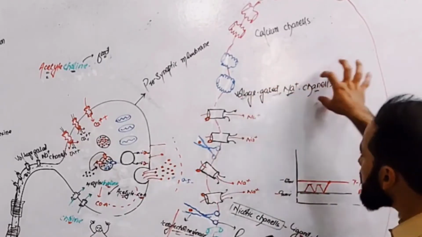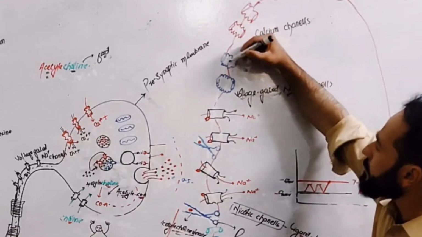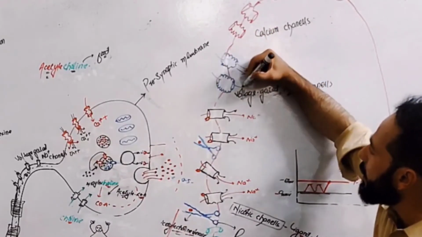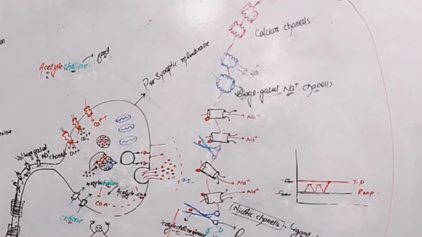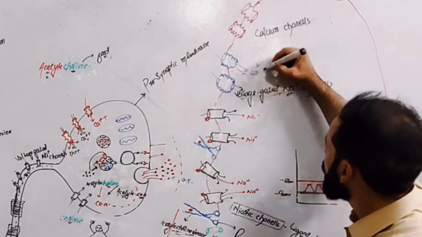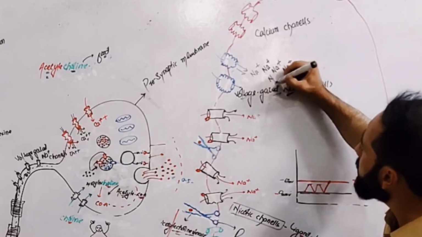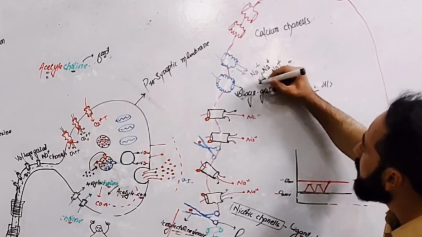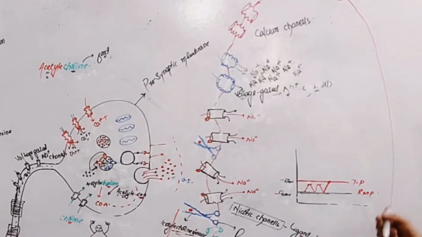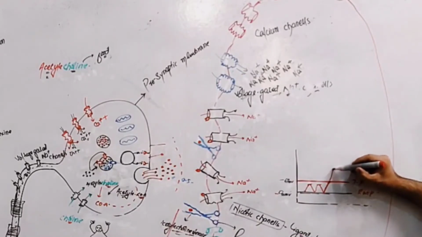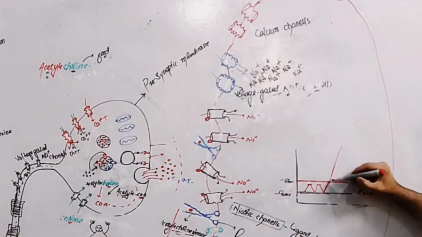So when these voltage gated sodium channels open, there is a huge influx of sodium. Sodium will influx in a very huge amount. So when sodium comes in so much inside the cell, the cell is gaining lots of positive charges, and it is running away from negativity towards positivity.